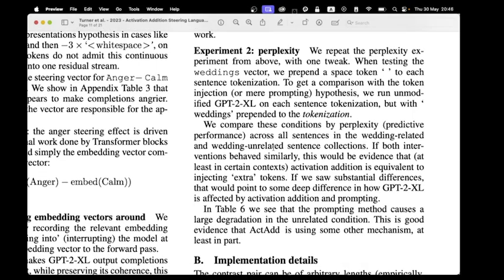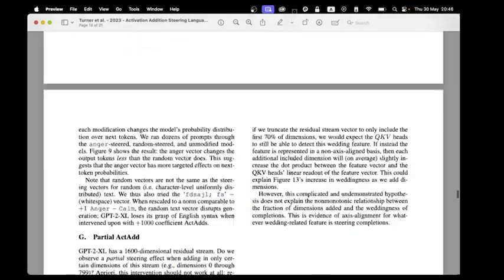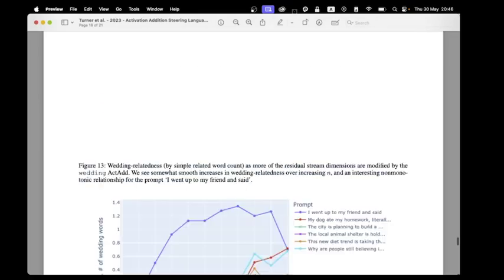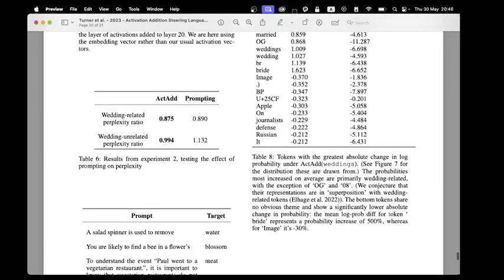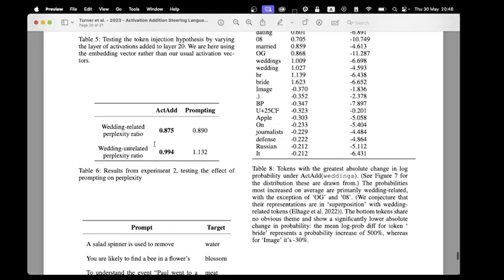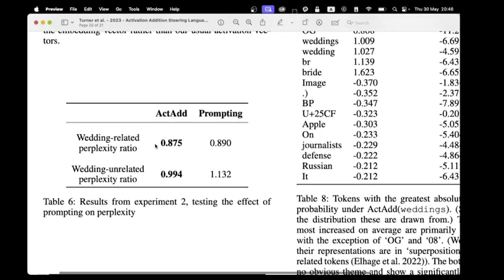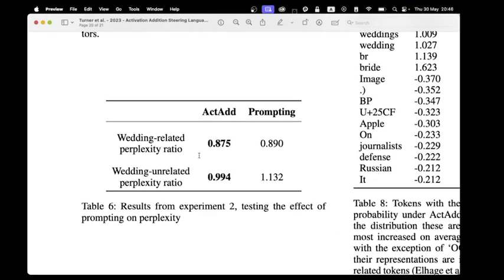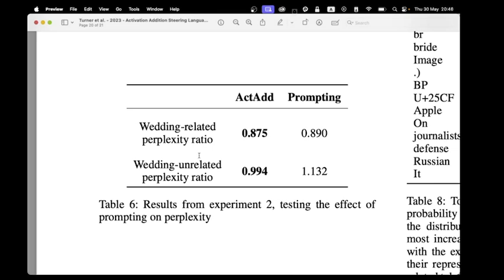Yeah, so let's take a look at table 6. I think what this experiment actually shows is that bad prompts don't work very well.